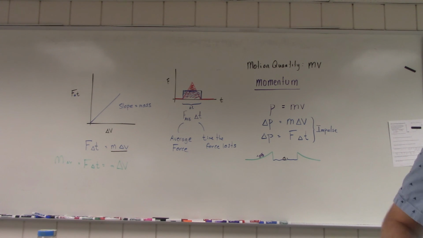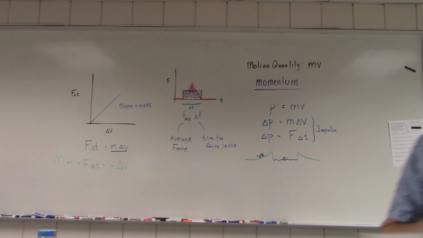2 objects, E and F, where E has 4 times the mass, but 1/4 of the velocity. How do you think their momentums compare? They are the same. That's right. Again, linear relationship. So it's going 4 times as fast, but has 1/4 of the velocity, so the momentums are the same.